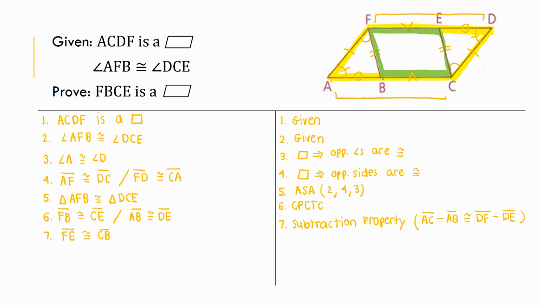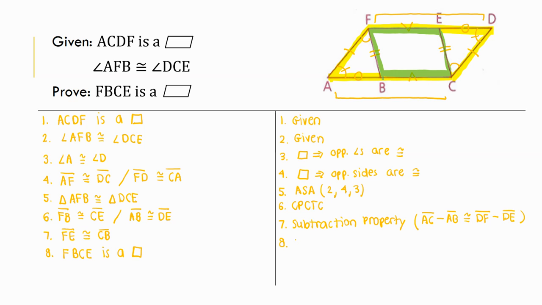All right, so then notice that with lots of markings going on here, but if I look at that green highlighted shape, now I have both pairs of opposite sides to be congruent. So I have enough information to prove that FBCE is a parallelogram. And so because I'm trying to prove a parallelogram, that has to go second when I'm stating it.